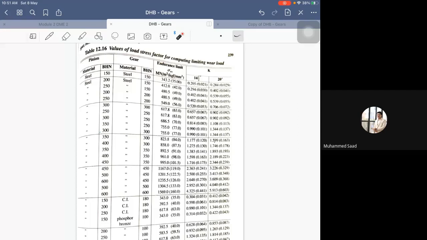BHN value 200, K is how much? For BHN value 200, for steel and steel combo, the value would come down to 0.539 for 20-degree full depth involute system, right?